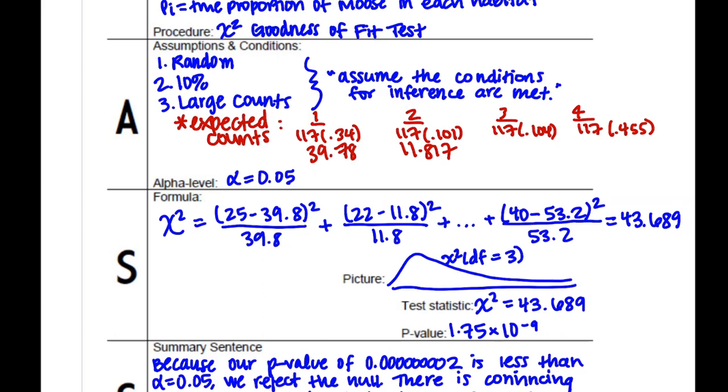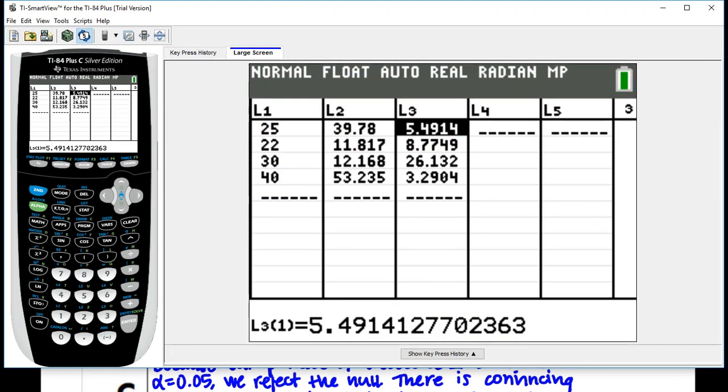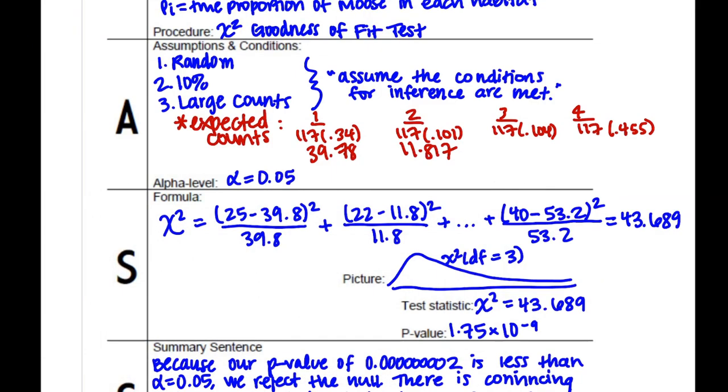Let's see the other two. 12.168 and 53.2. Let's see, let me find that. 235. So make sure you always draw and label your expected counts.